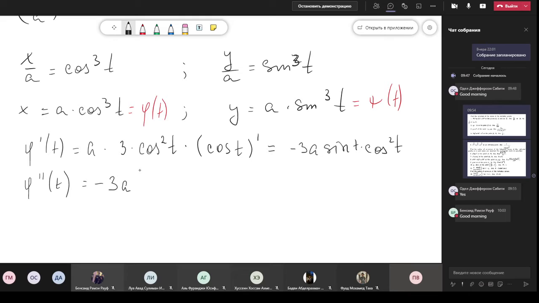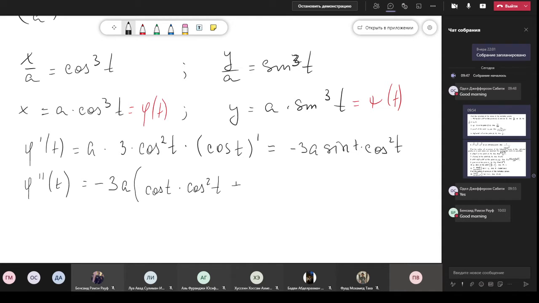The derivative of sine is cosine of t, multiplied by the second part without derivative, cosine squared of t.